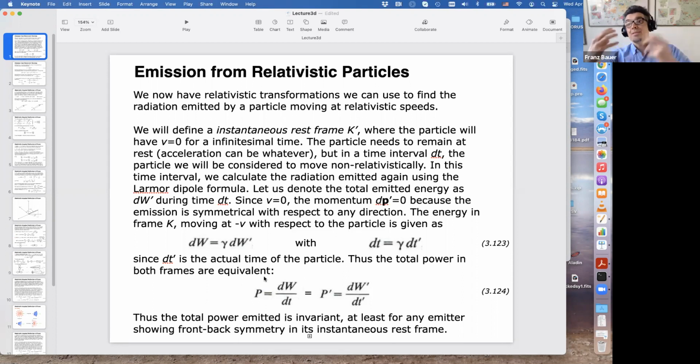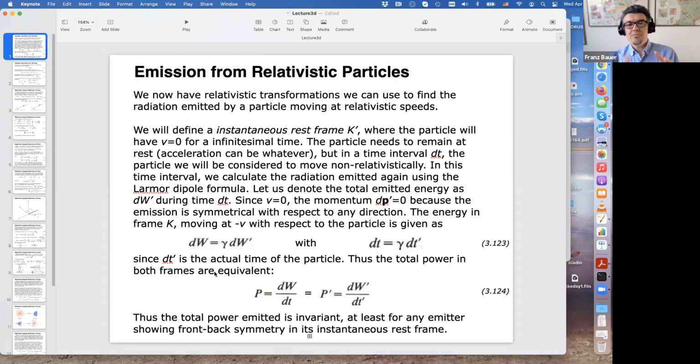However, we get the power received, which is potentially different, but the total power should be invariant because while these two things have gammas, they drop out.